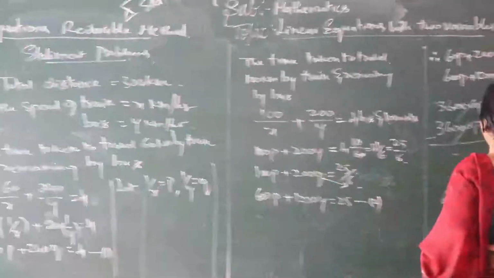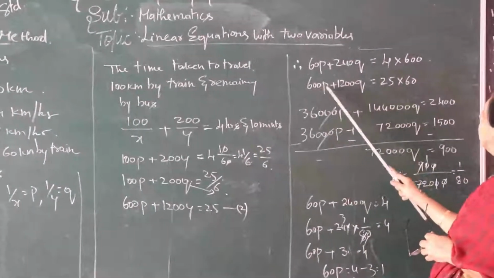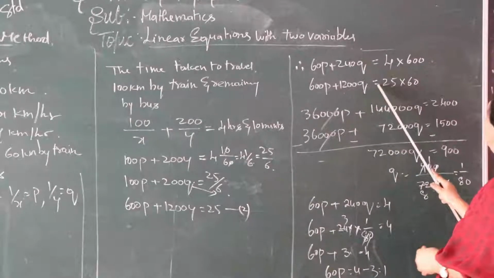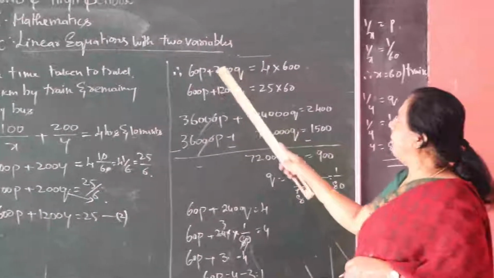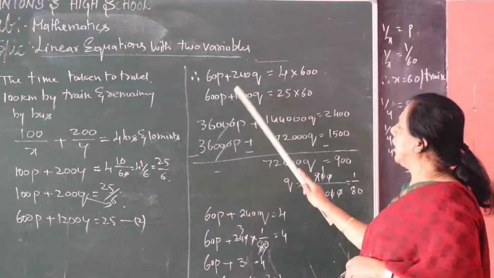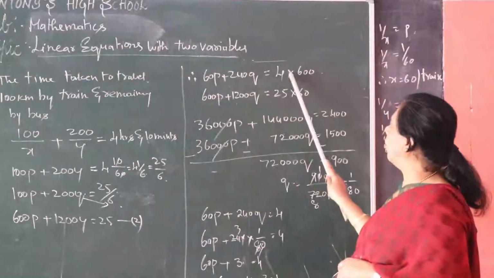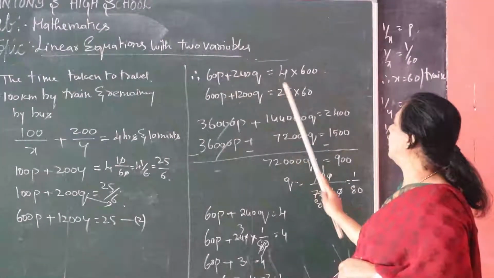Now we solve the problem. 60p plus 240q is equal to 4. 600p plus 1200q is equal to 25. I told you already, the coefficient of p in the first equation goes to the second, and the coefficient of p in the second goes to the first.